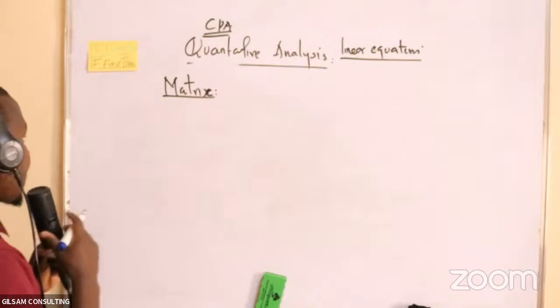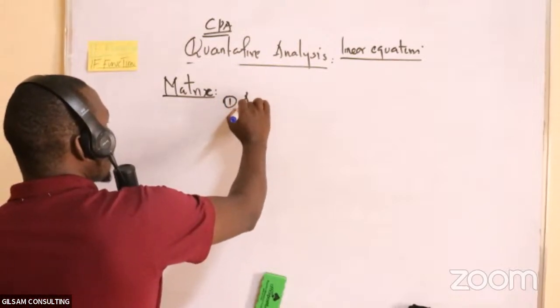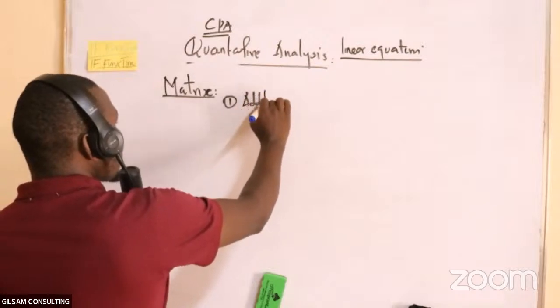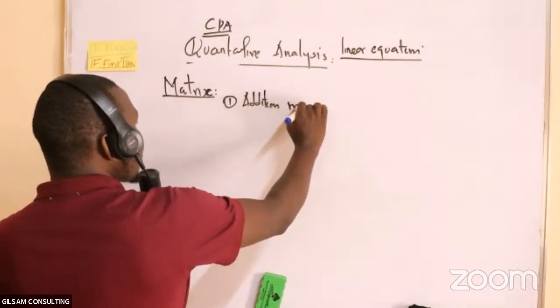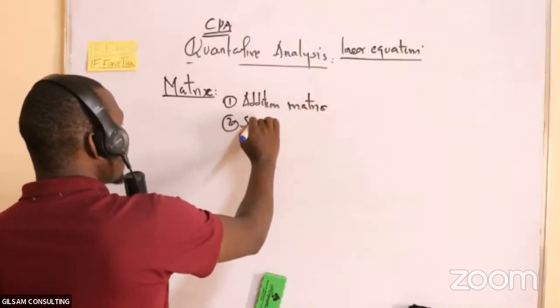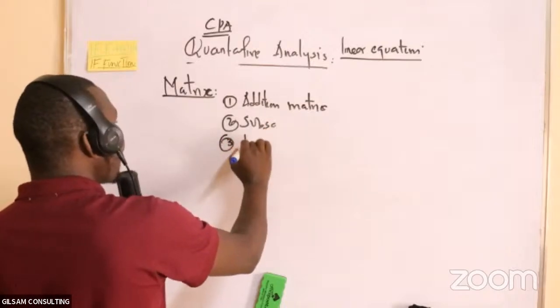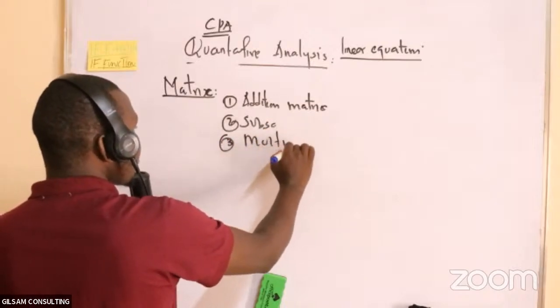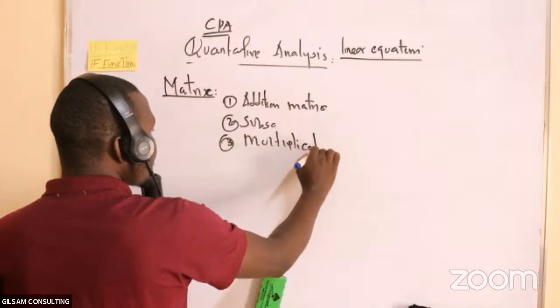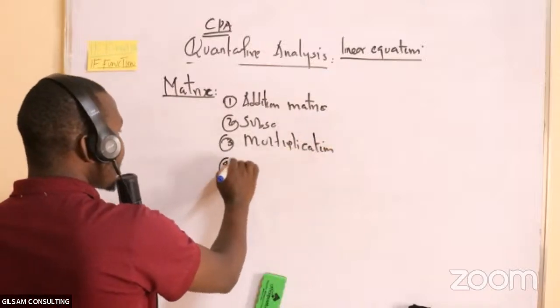With matrices we also have what is called addition of matrices. We have subtraction. We have multiplication. We have what is called the scalar matrix.